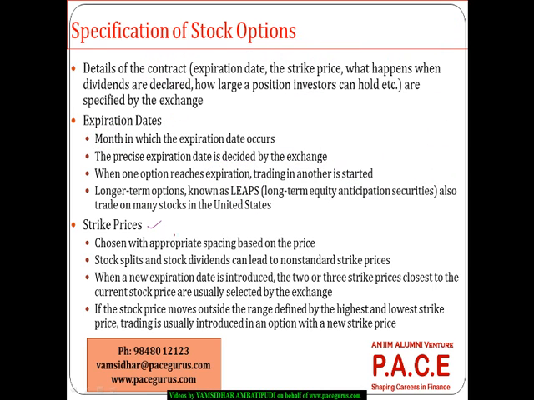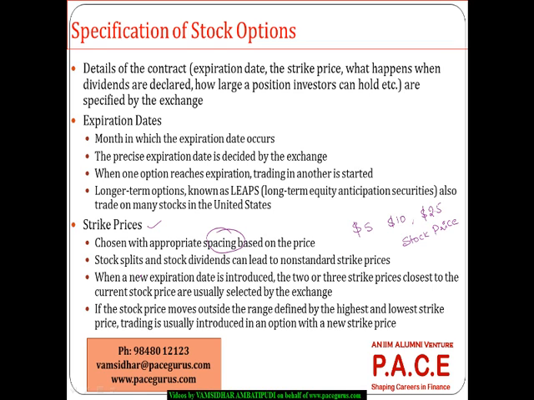Then coming to the strike price, generally the exchange chooses the strike prices with appropriate spacing. Probably a spacing of $5, $10, $2.50, some such spacing, depending on the typical stock price, in what range the stock price is, how big the stock price is. The spacing is decided accordingly.